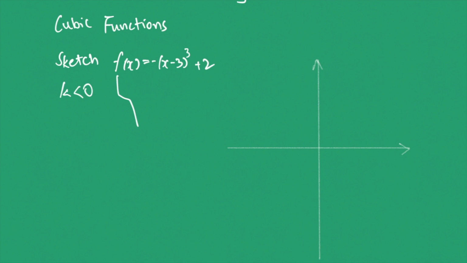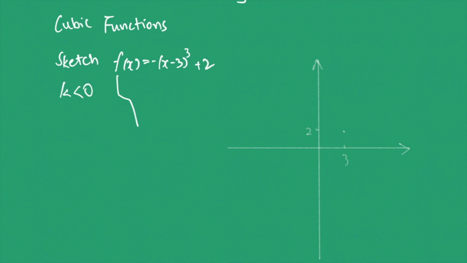In addition, c in this case is 2, so the inflection is gonna move 2 upwards. Therefore, the inflection should be somewhere here.